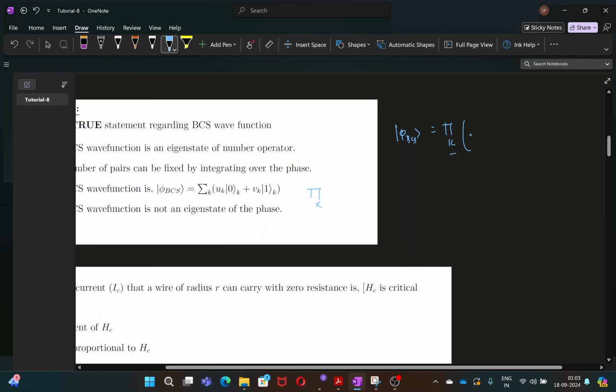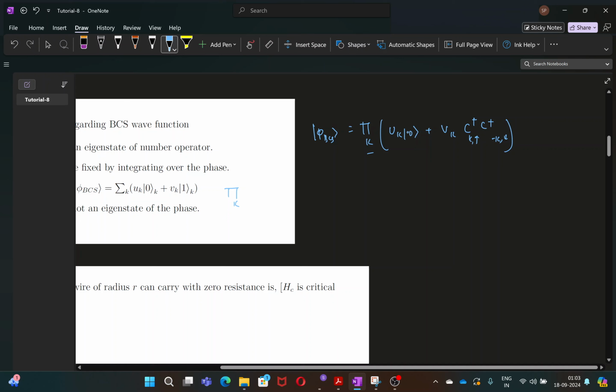In the bracket you have to write uk |0> plus vk times the pair creation operator acting on |0>. This is the trial wave function used in BCS.